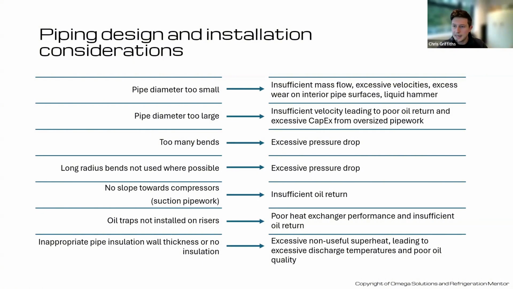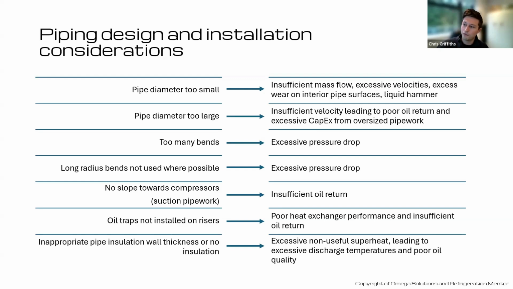If we have a row of 10 cabinets and 8 of them are satisfied, but 2 still need cooling, lo and behold, there's a lot less mass flow to try and push that oil back up the riser, at which point eventually that riser will fill, but there'll be insufficient pressure behind it or insufficient mass flow, and eventually those 2 cabinets will starve because there's no fluid movement in that section, and eventually we'll start to see high temperature alarms.